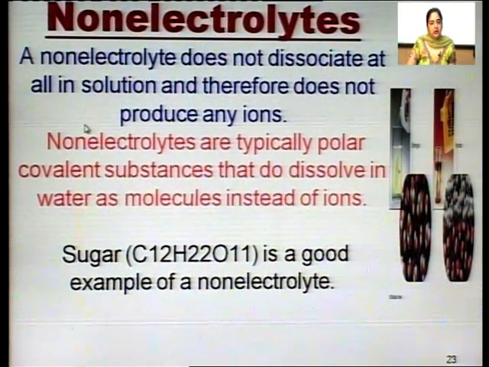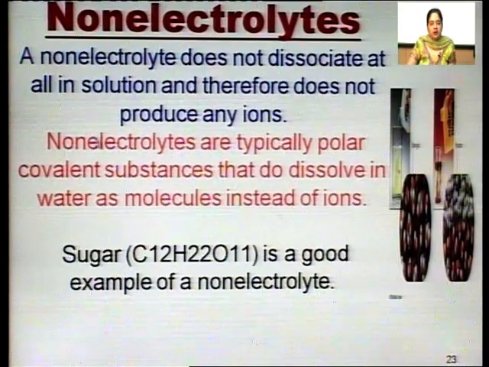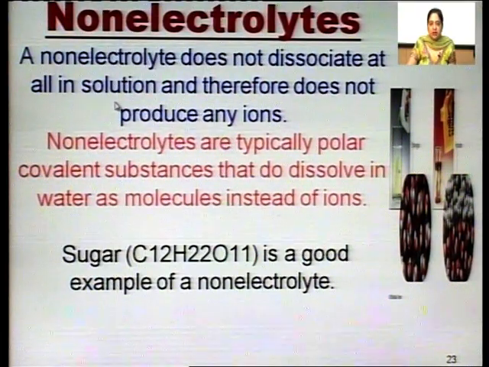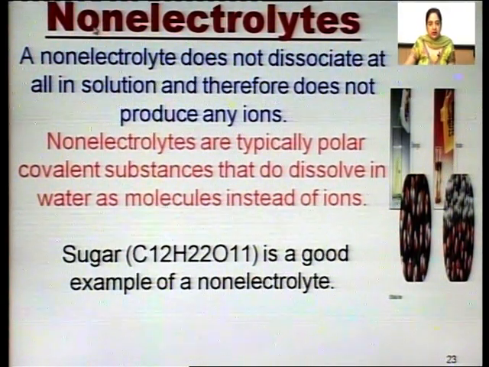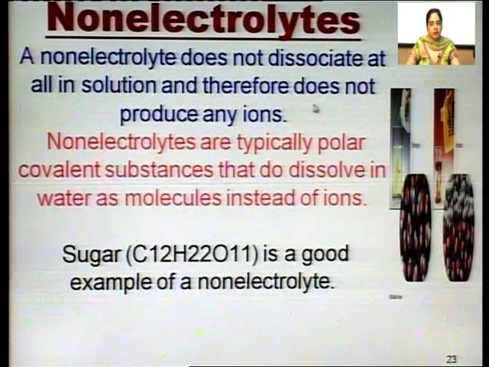Non-electrolytes. A non-electrolyte doesn't dissociate at all in solution and therefore does not produce any ion.